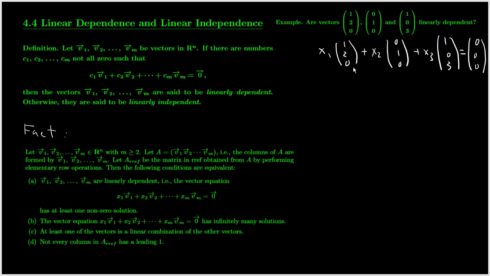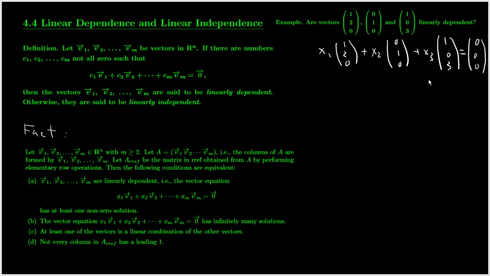If the vector equation has a unique solution, one and only one solution, then the given vectors are linearly independent. I want to repeat, this is the definition. To use the definition, we form a vector equation like that. Remember, the right-hand side is the zero vector in R3. It has three components, zeros, right?